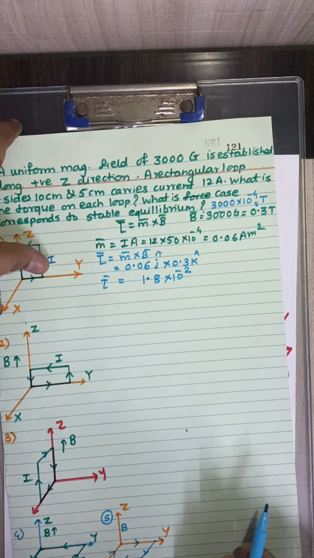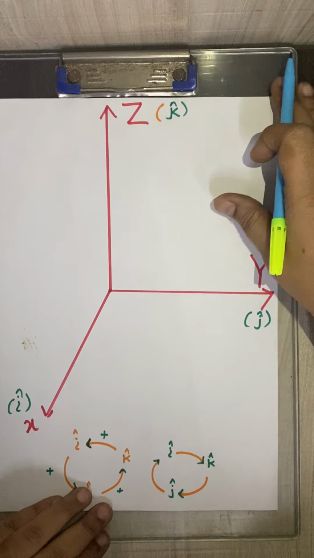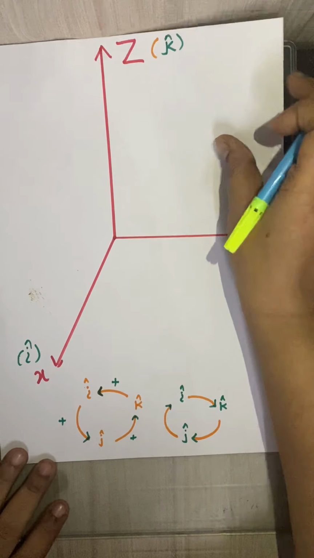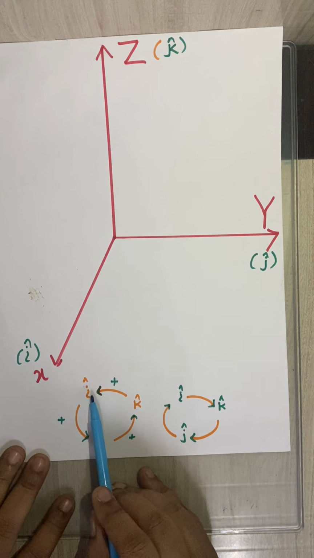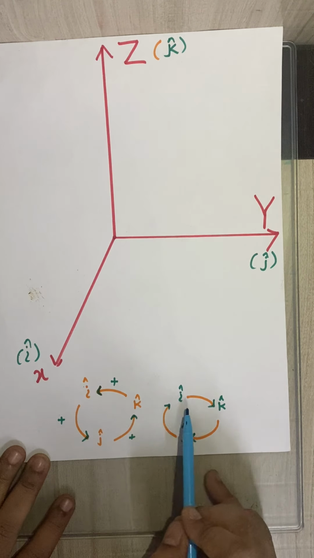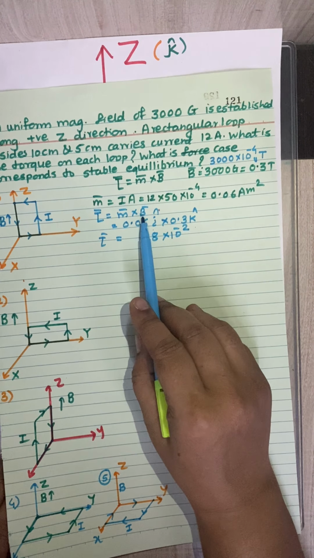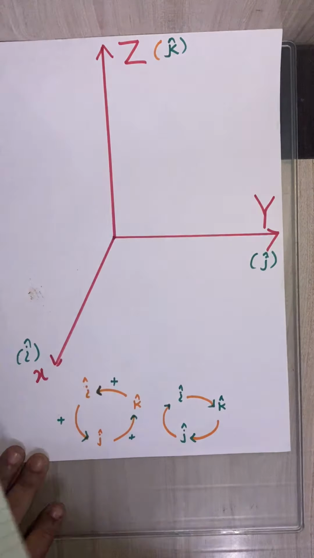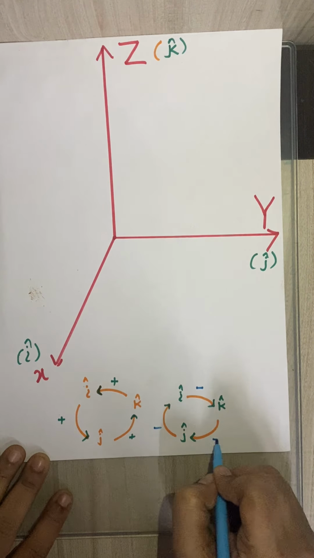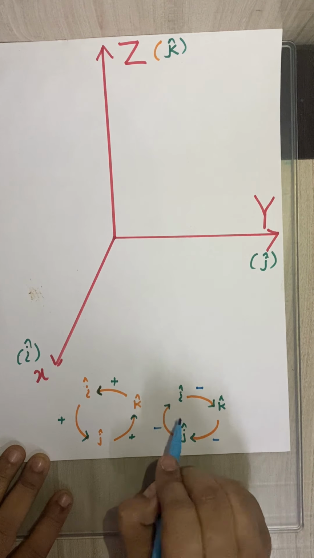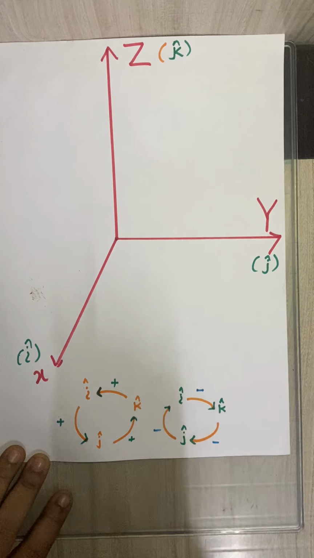Now to define the direction of the torque, we are again going to consider our 11th standard diagram, which represents the cross product. Here it is M cross B, so i cross k. If I find it out, i cross k is negative. k cross i is positive, i cross k is negative.